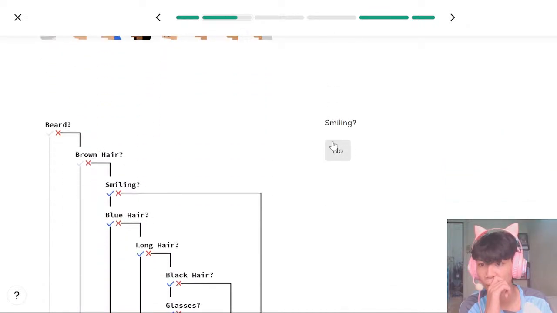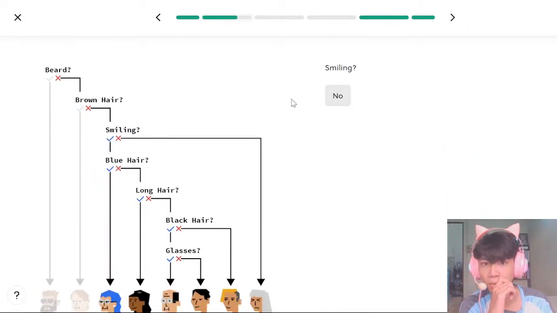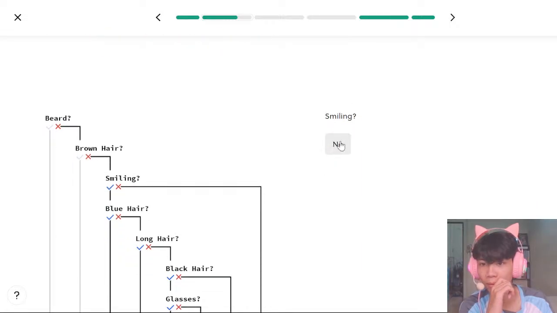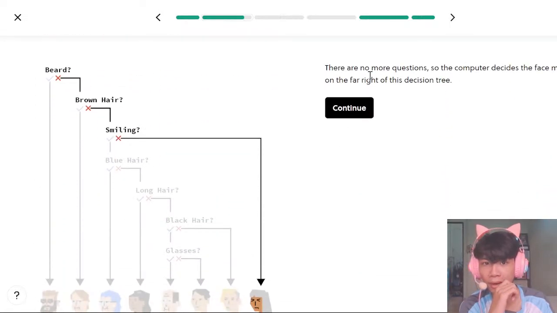No. Smiling? No. There are no more questions, so the computer decides the face must be on the far right of this decision tree.